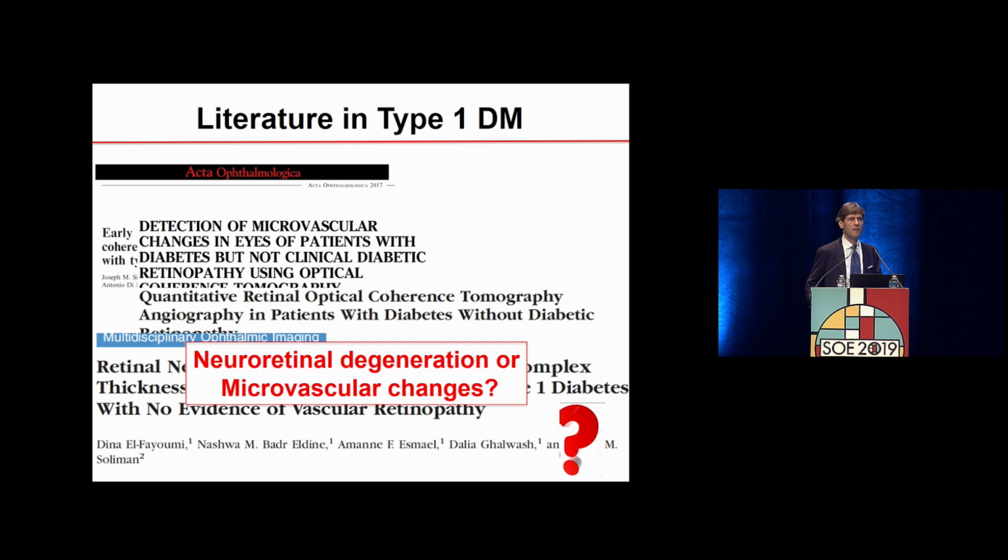As you can see, there have been several publications these past years about the role of vascular changes or structural changes in the retina as the first moment in the development of diabetic retinopathy. And so far, I must say that there is still no consensus. So we still don't know if it's vascular changes in diabetes coming first or loss of retinal cells first.